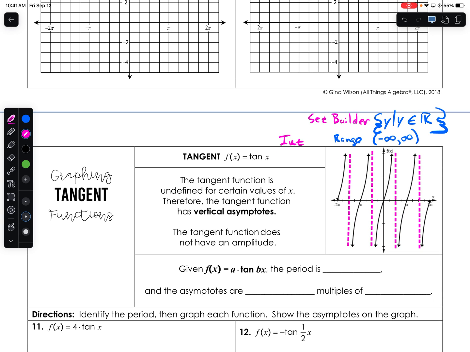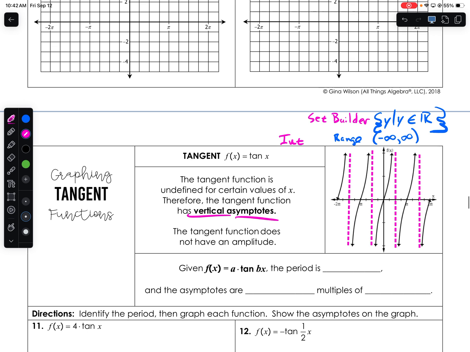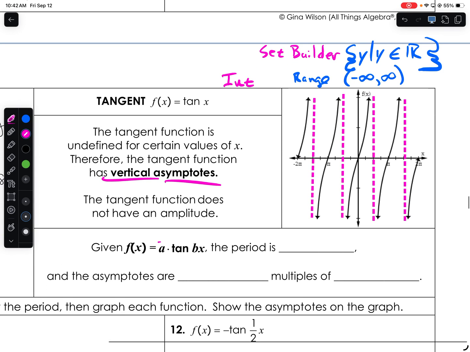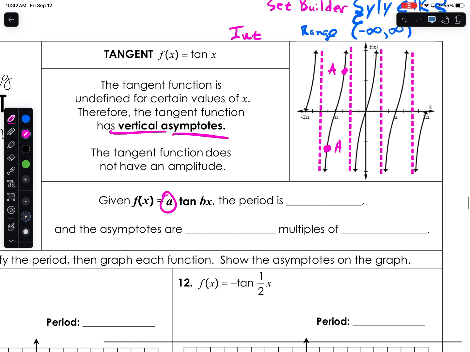Okay, so we just talked about the vertical asymptotes right there, right? It does not have an amplitude. But when we graph this, the A is going to give us the ordered pair, like here and here on the graph. So that's what our A is going to be used for, okay? Period for tangent is pi over b. So not 2 pi this time, but pi over b.